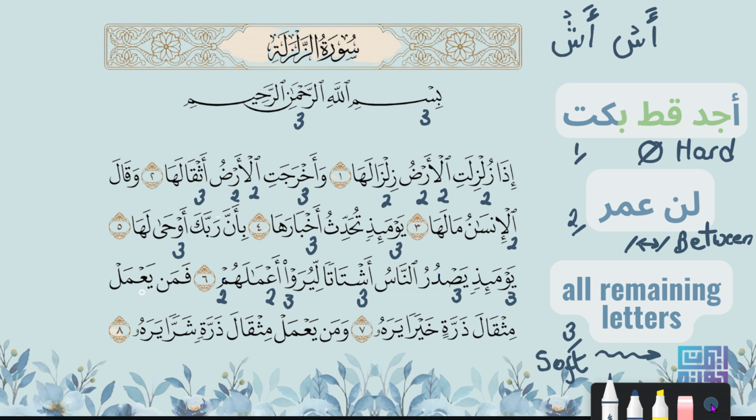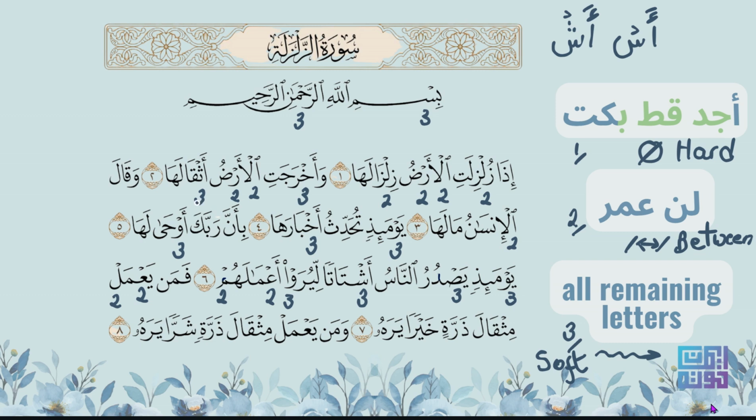And again we have an ayn. Faman ya'mal. So this also is category number 2, the in-between, and the lam, also the same thing. Faman ya'mal. Okay, give it a time so that the lam is pronounced. Again, we have the letter tha.